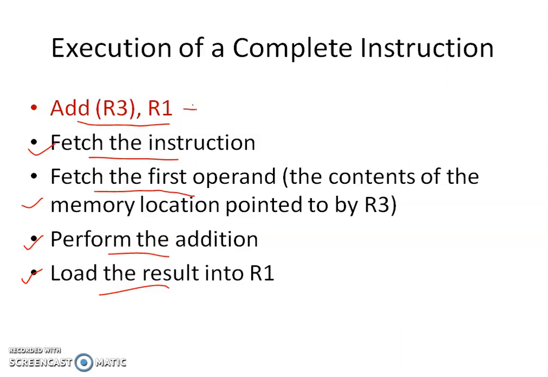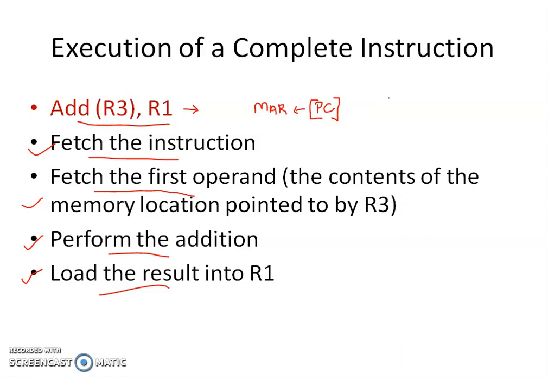This instruction is currently available in the memory. The address of the instruction is available in the PC, since this instruction needs to be executed. So the address available in the PC needs to be copied to the MAR. The MAR gets the address from the PC.